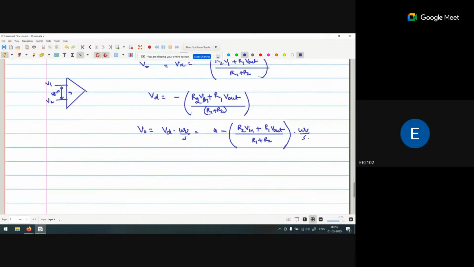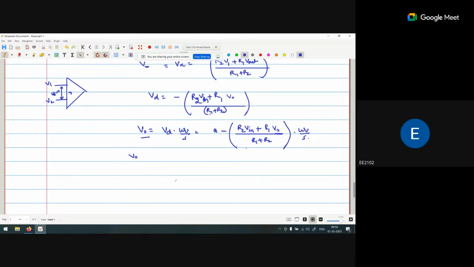Okay. Now with the help of this equation, V naught is equal to this one. Can I calculate V naught upon Vi? There is also a V naught term, V out, on this side.